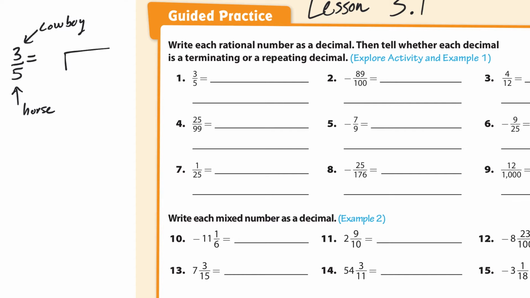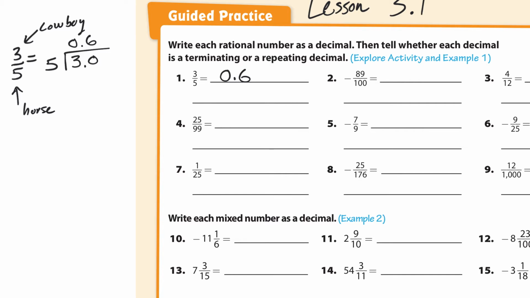And when the cowboy goes to sleep, the cowboy sleeps inside the house and the horse sleeps outside. So that tells you that order, because if you switch that order, you get a wrong answer. So when you do this, 5 goes into 3 0 times. You got to add a decimal and a 0. 5 goes into 30 6 times, so it is 0.6.